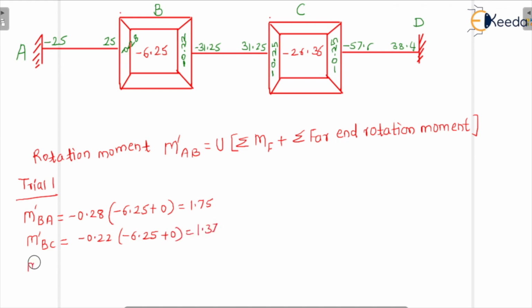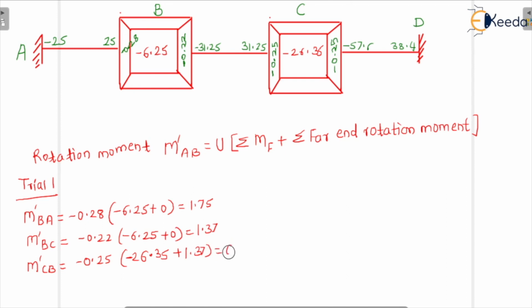Then similarly do it for m dash of CB. Now here we will be using the 0.25 factor, right? 0.25 into 26.35, plus now we will be adding the previous value that we have got, that is 1.37.